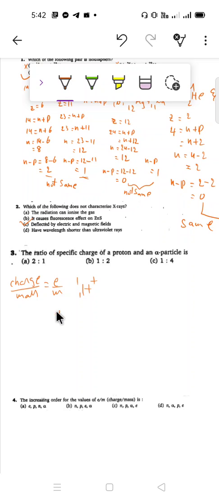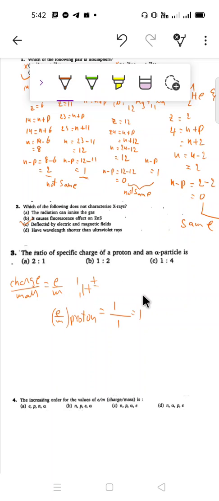Here E by M value for proton is equal to charge of proton is plus 1. Charge here is plus 1, so write it 1. Next mass, so put it 1. This is 1.